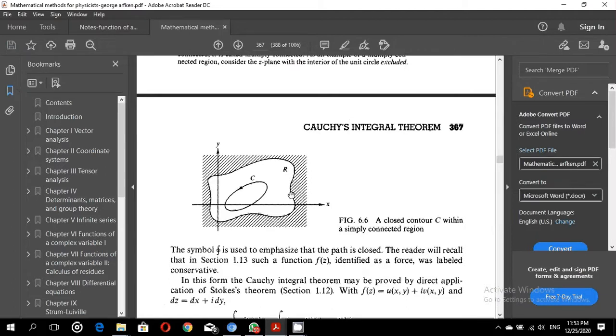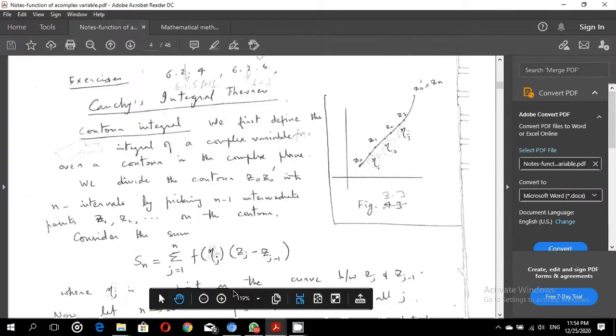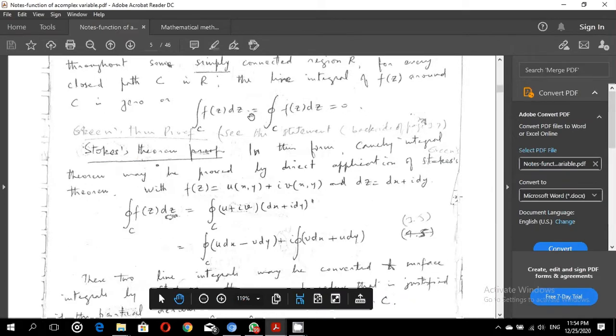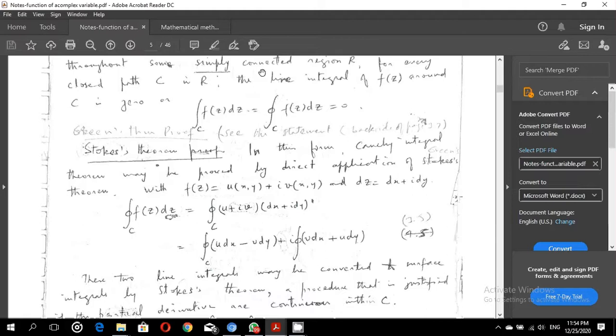So that is the requirement of this theorem, that the function should be analytic at every point on the boundary and also at every point within this region R. Okay, so if the function is analytic, then for any contour taken within this region, as is the contour C over here, it is a circular contour, then the theorem concludes by saying that, now this region is called the simply connected region R, then for every closed path C in R, the line integral of f of z around C is always 0.